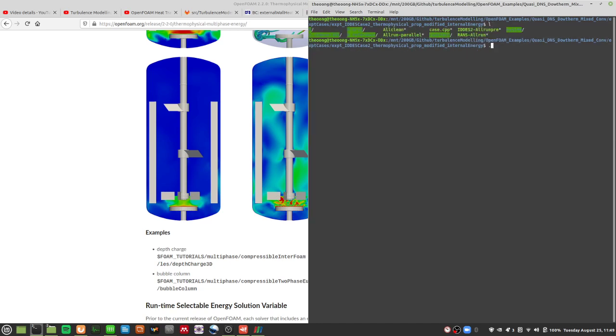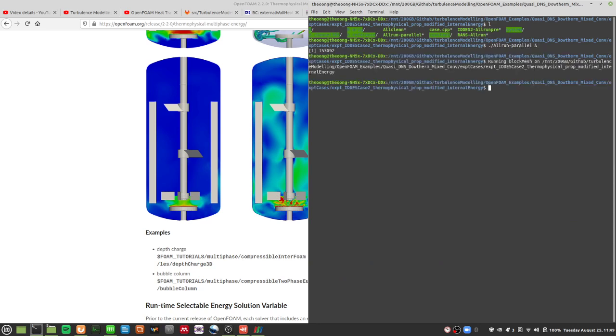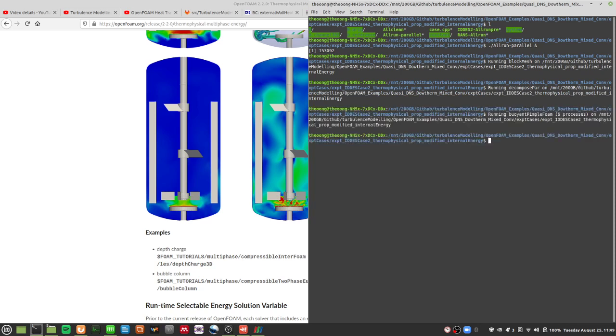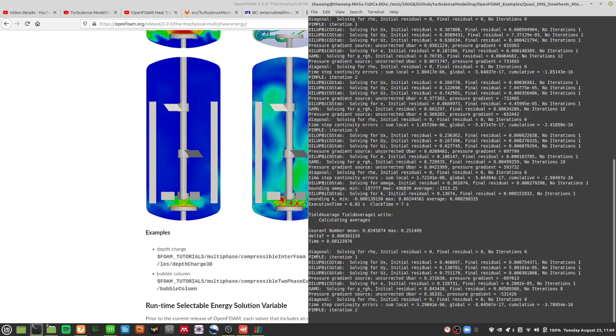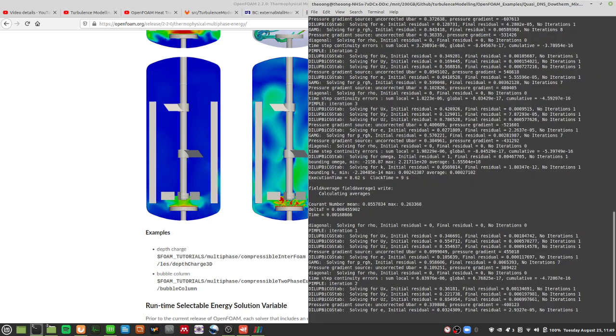No wonder. Let's do Allrun parallel again. Now I'll just run it in the background. It'll take a while again to decompose, and okay, I'll just do a tail -f log.buoyantPimpleFoam. And you can see that now this thing actually runs properly.